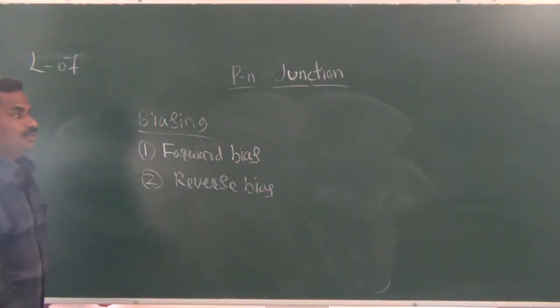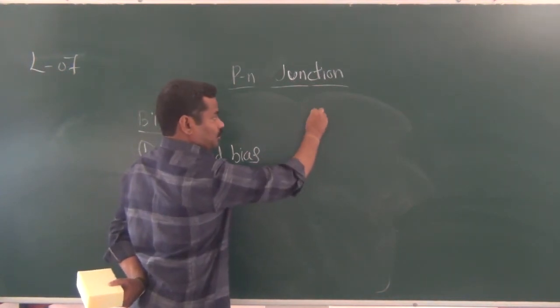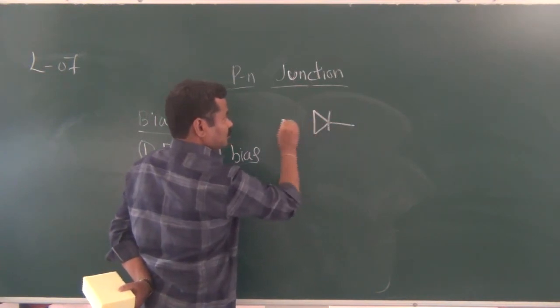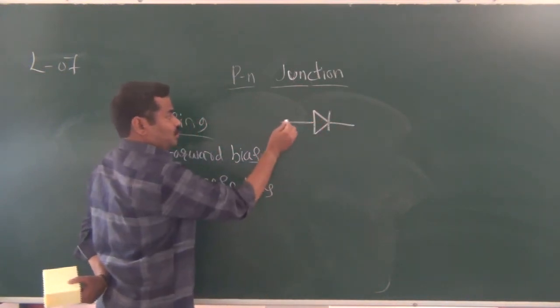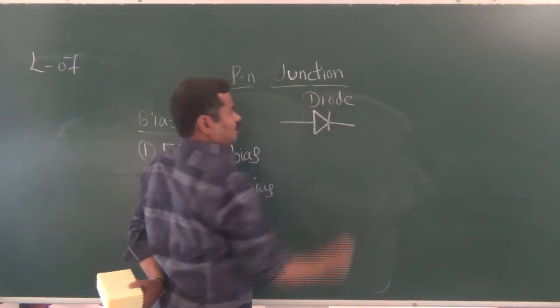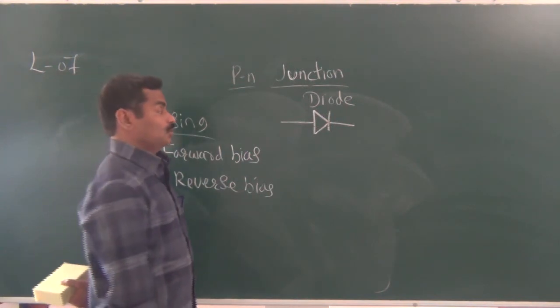As we discussed yesterday, this is the symbol of your diode. An important thing: why is it called a diode? Di means two, ode means electrodes. It has two electrodes.